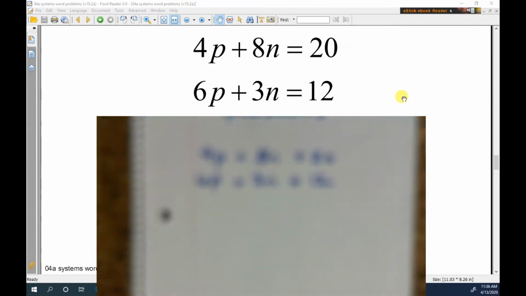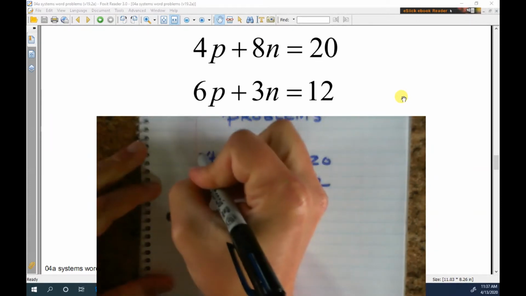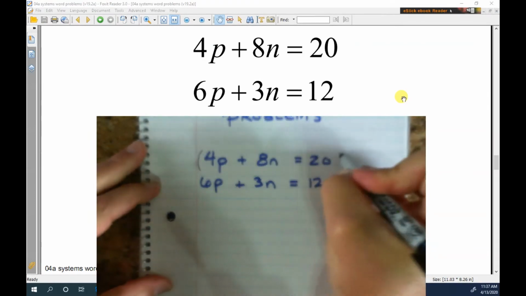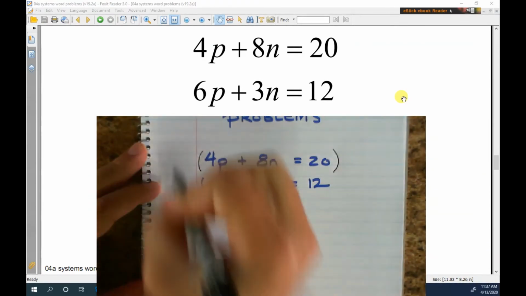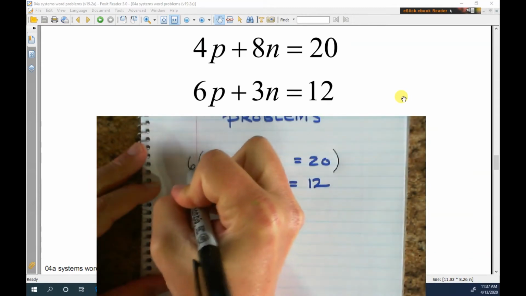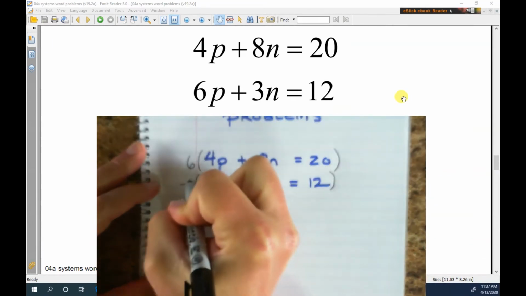Well, I need to get either the P's or the N's to cancel out. I would do it by multiplying the top equation, this is in your notes, I'm going to multiply the top equation by 6 and the bottom equation by -4.